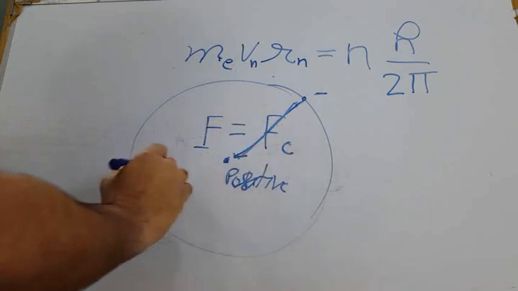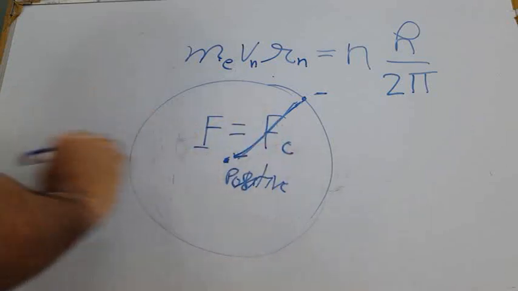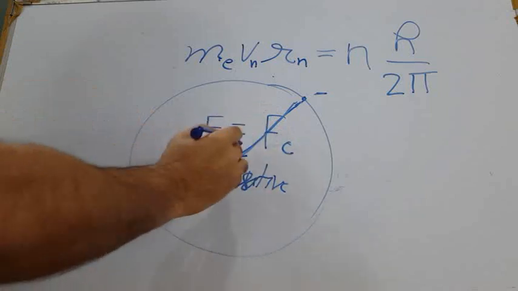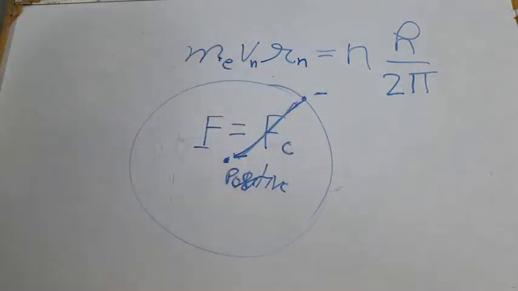This is centrifugal force and this is Coulombic attraction. If both are equal, then it would keep on revolving in this. Means what?